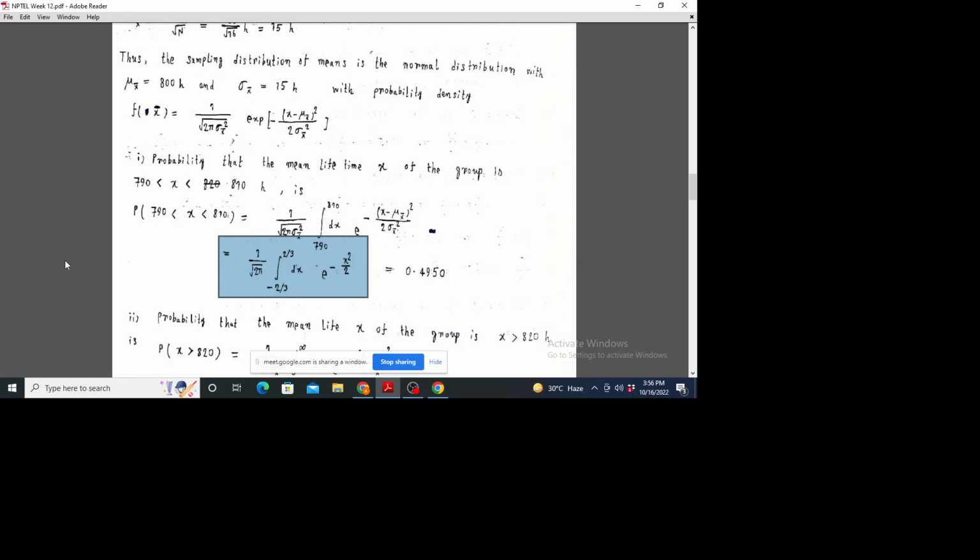Or otherwise, it is standard stuff to do in the theory of normal distribution. Just find the z values and do that. So in essence, this integral can be reduced in this form.